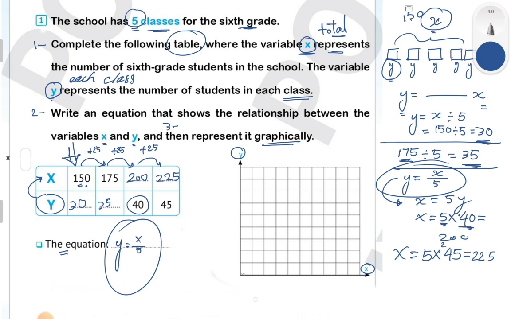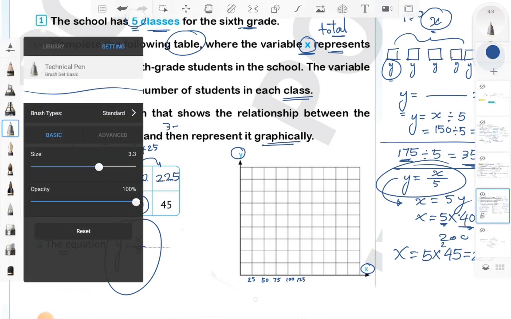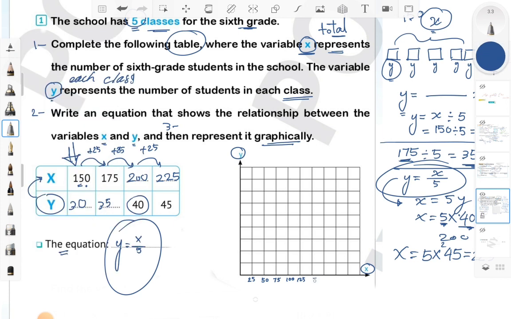So I can start with 0, then 25, 50, 75, 100, 125, 150, 175, 200, 225, 250.